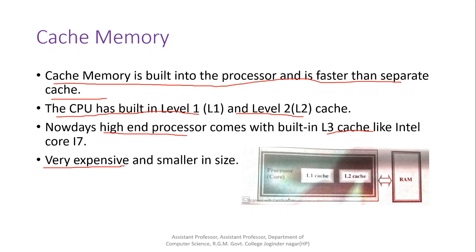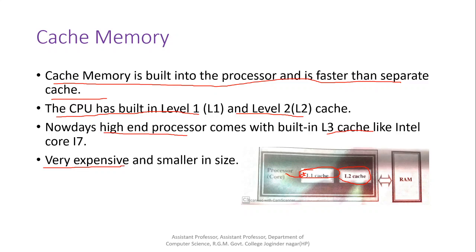This is the block diagram showing how the cache memory sits in the computer system. We have a processor, and inside the processor there is L1 cache and L2 cache. When data is being processed, the processor first looks in the cache memory for data.